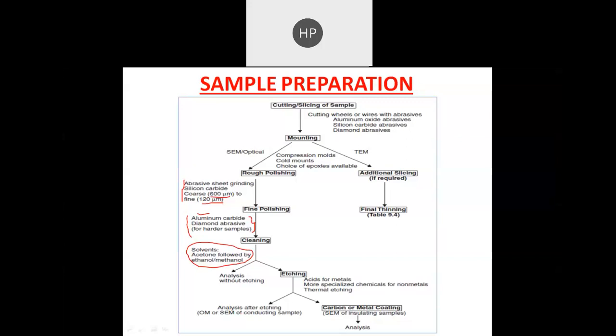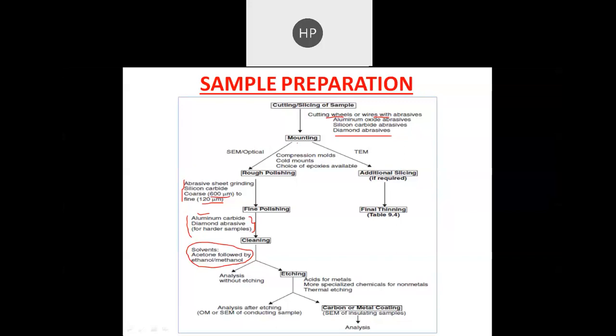So first we have to cut it, and for cutting we can use cutting wheels or wires with abrasive aluminum oxide abrasives and silicon carbide abrasives, or we can also use diamond abrasives to cut the specimen into the particular shape and size, and then we have to mount it.